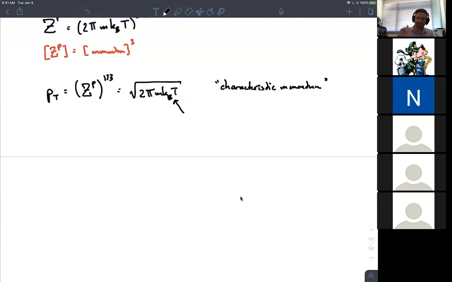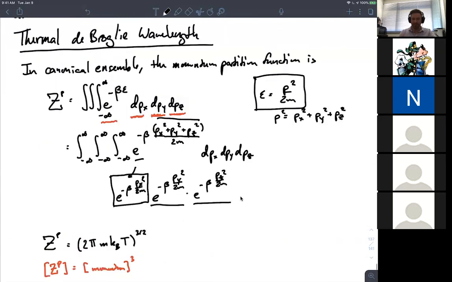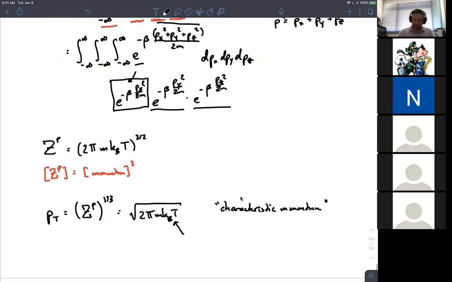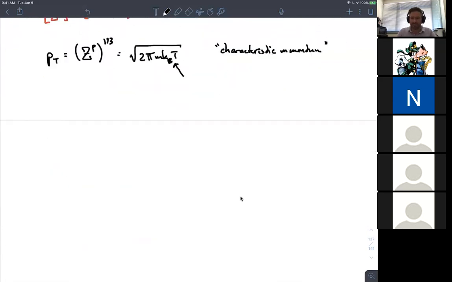Our good Frenchman buddy Louis de Broglie showed us that if a particle has momentum p, you can associate a wavelength with that: lambda is equal to Planck's constant divided by p. So if we think of this characteristic thermal momentum, it also corresponds to some characteristic wavelength.